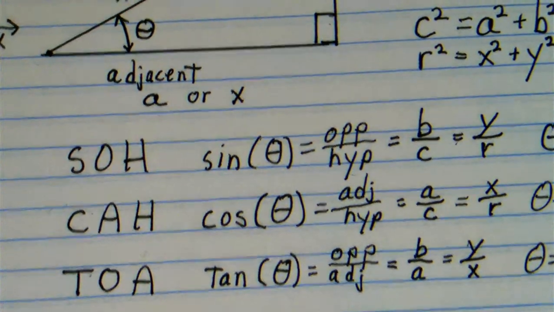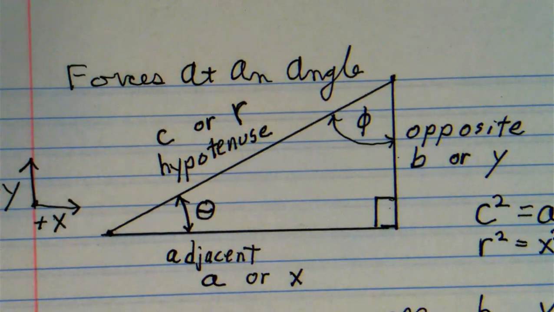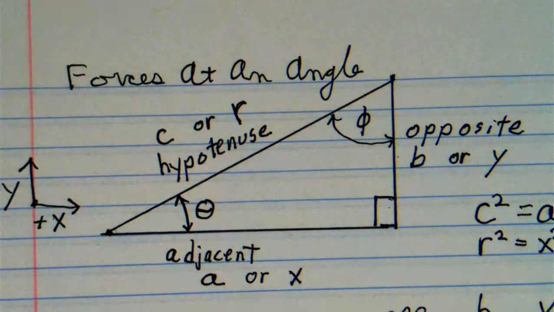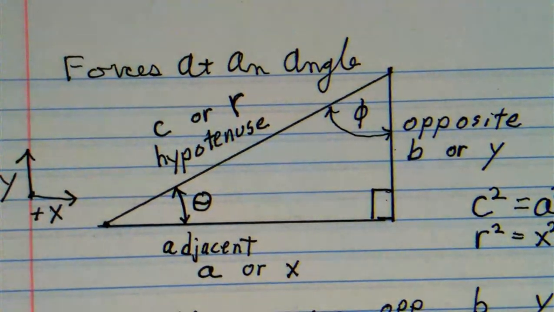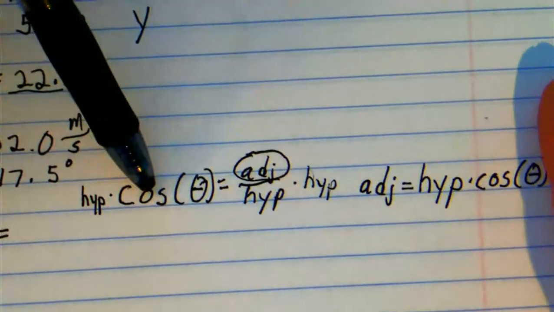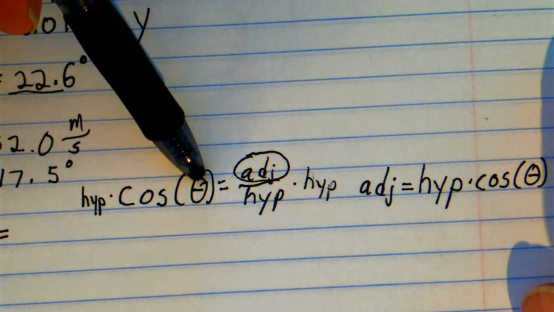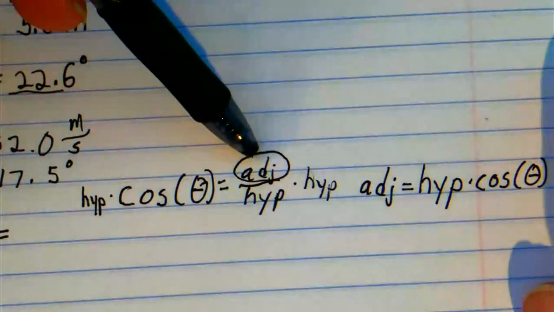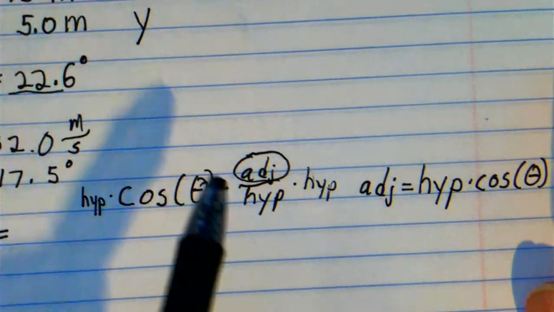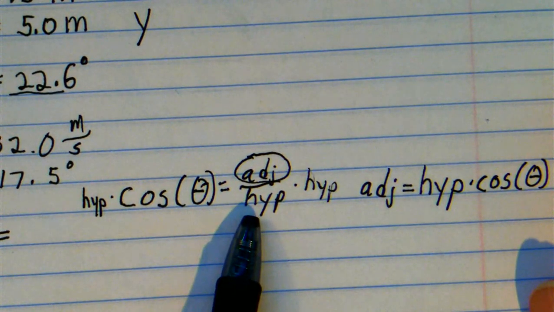The relevant trig function would be the cosine function, the ratio of adjacent to hypotenuse. So I wrote the cosine of the reference angle is the ratio of the adjacent side, which we don't know, that we want to figure out, divided by the hypotenuse.